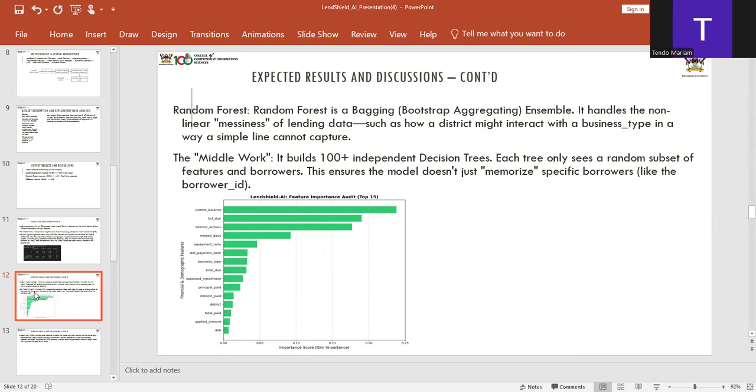It builds independent decision trees, and each tree only sees a random subset of features and borrowers. This ensures the model does not just memorize specific borrowers, like the borrower ID, as you can see from the graph.